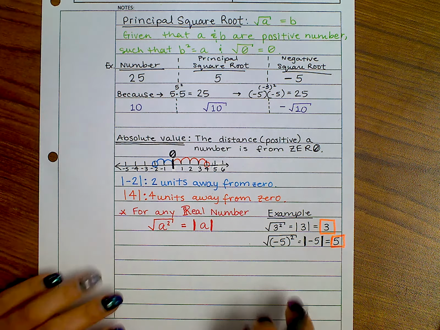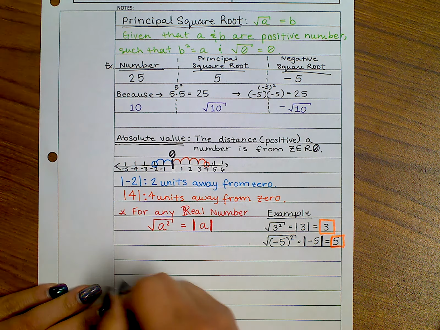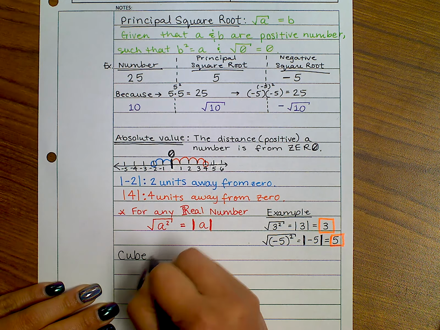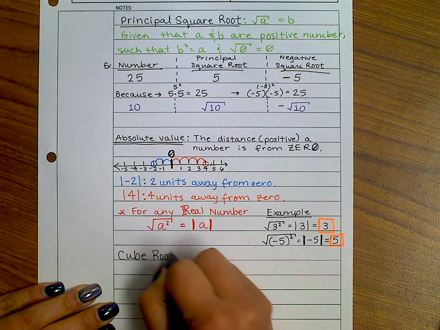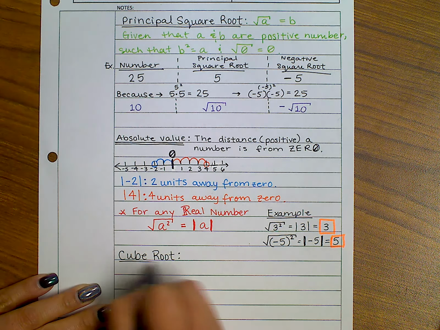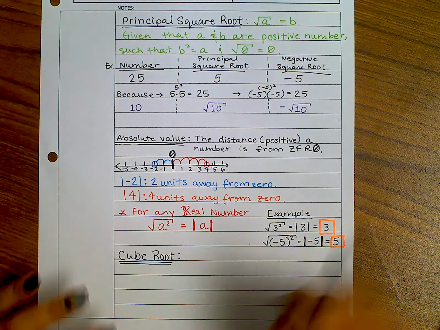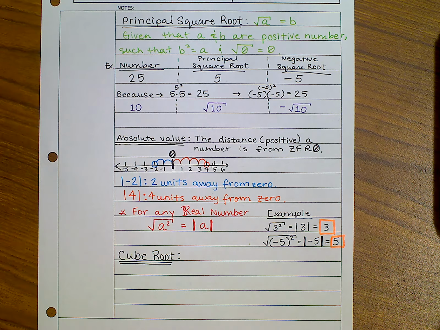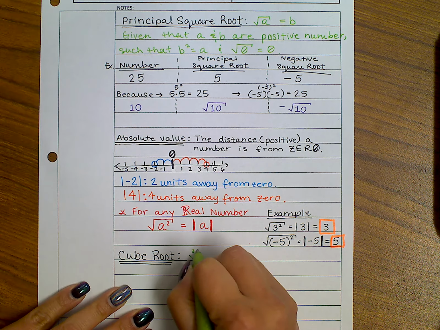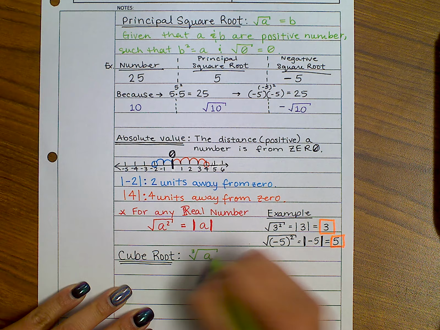So now let's talk about cube roots. Okay, so cube root. The cube root of a is equal to b.